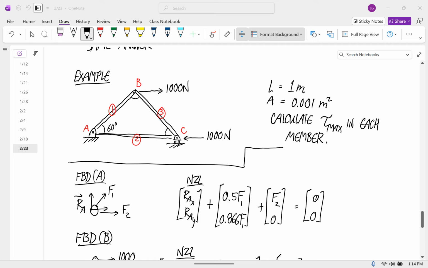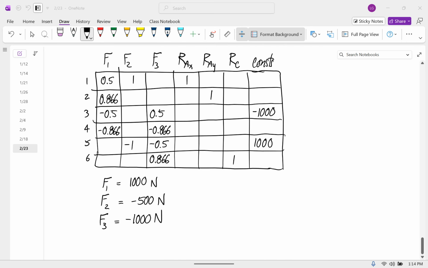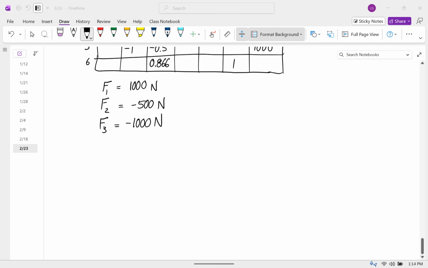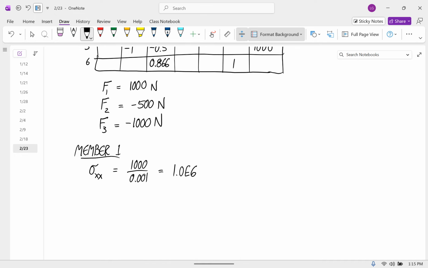we're told that the cross-sectional area of each of these is 0.001. So for member 1, that sigma xx is 1,000 divided by 0.001, which is 1 times 10 to the 6 pascals.